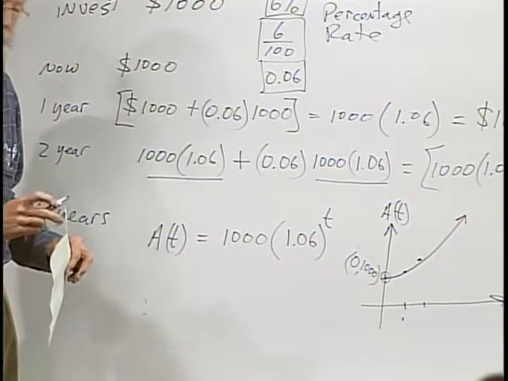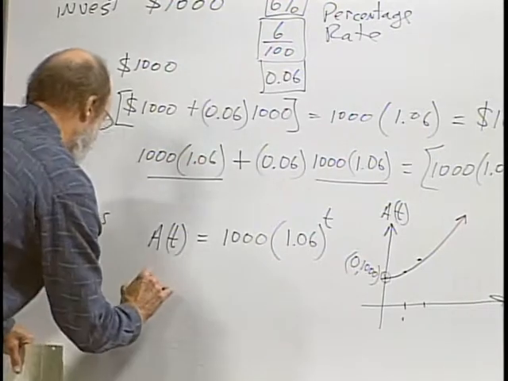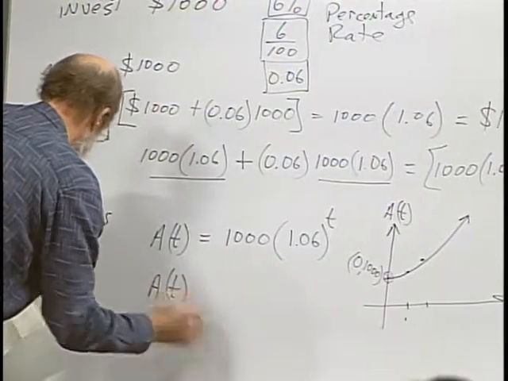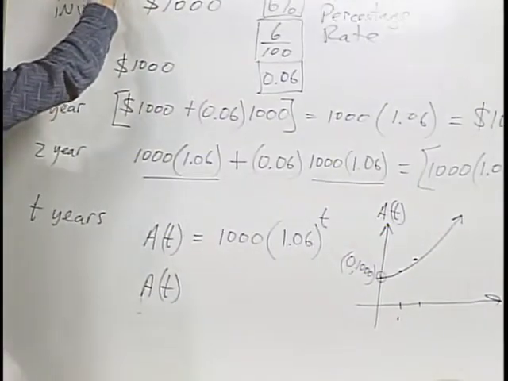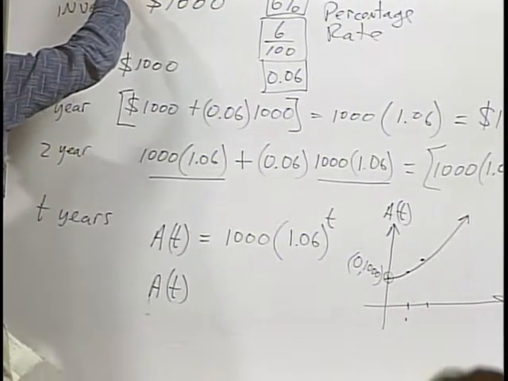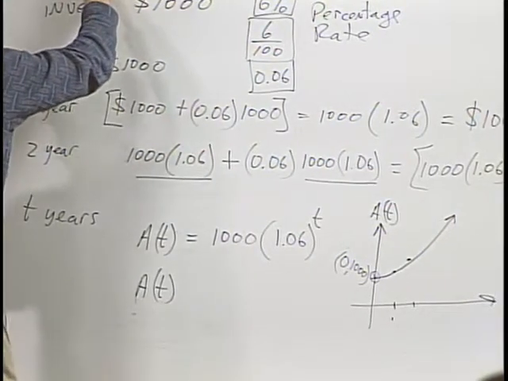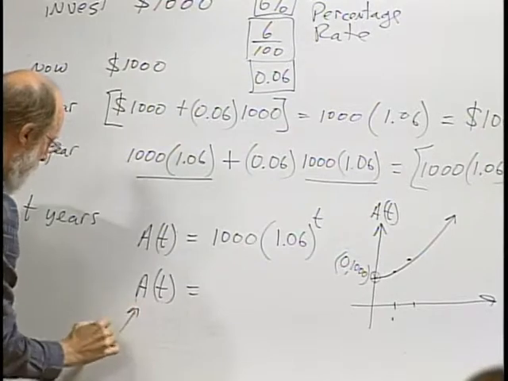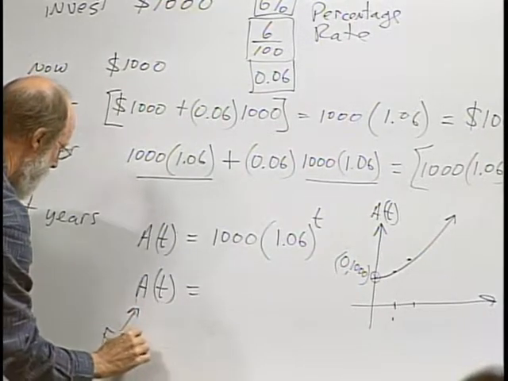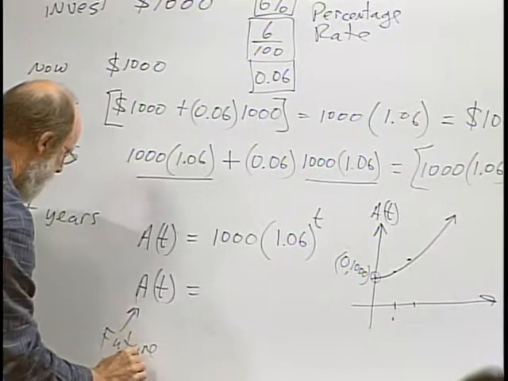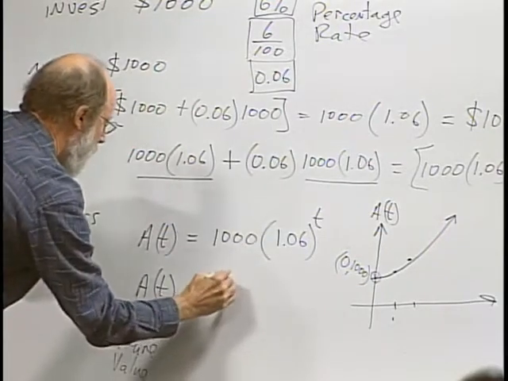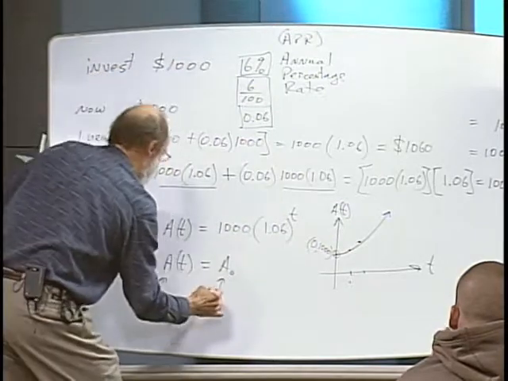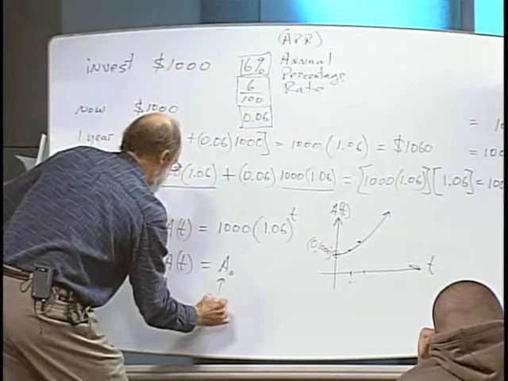Should be very comfortable. The way you oftentimes write this model is A of t. This is called the future value. It is equal to the initial amount of the investment, oftentimes called the present value.